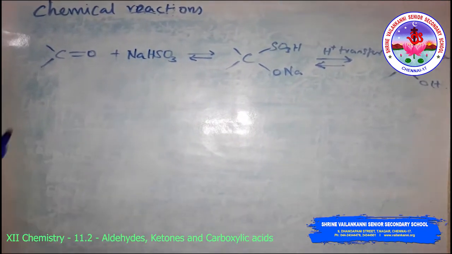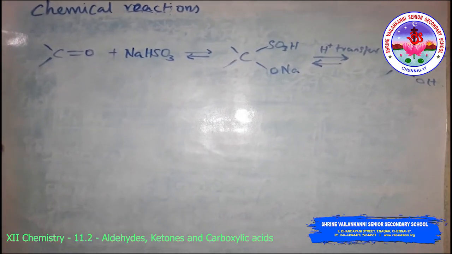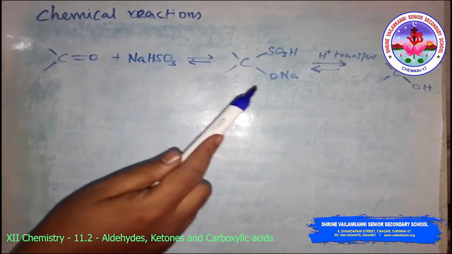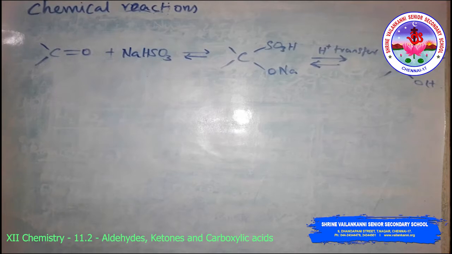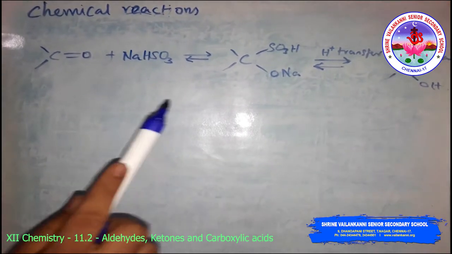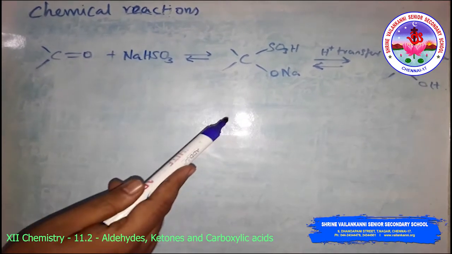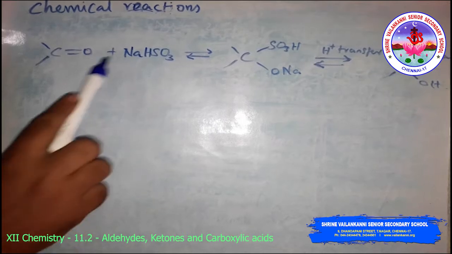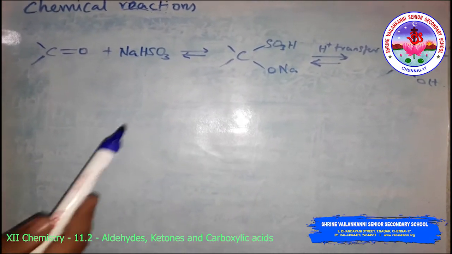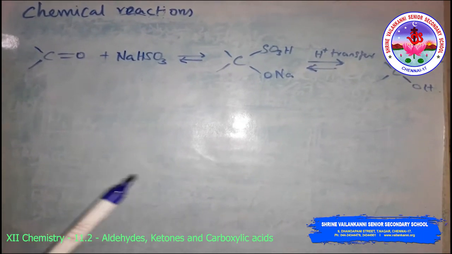Here the position of the equilibrium lies largely to the right-hand side for most aldehydes and to the left for most ketones due to steric reasons. Look at this hydrogen sulfite addition compound: it is water soluble and can be converted back to the original carbonyl compound.